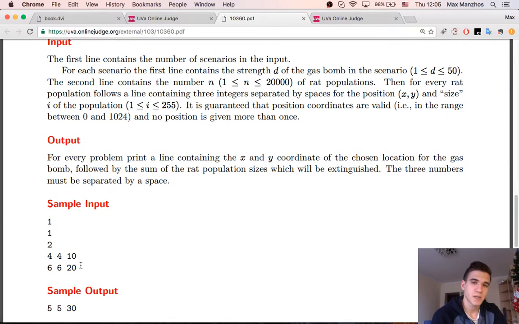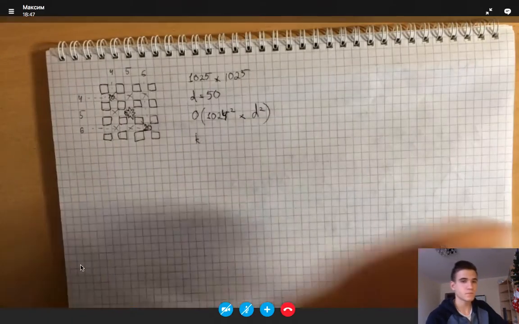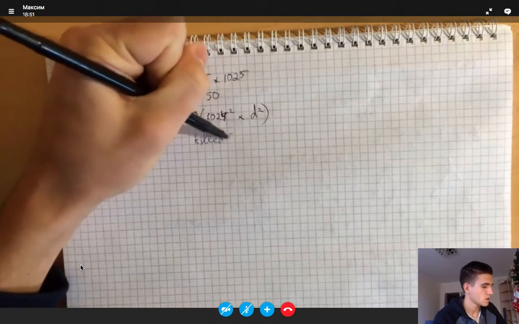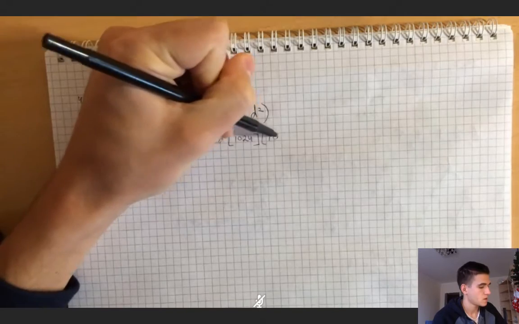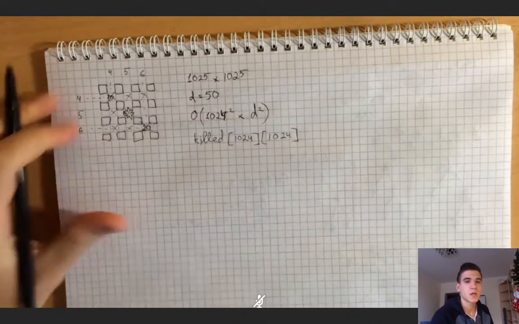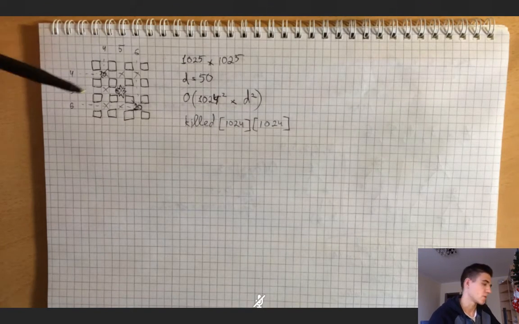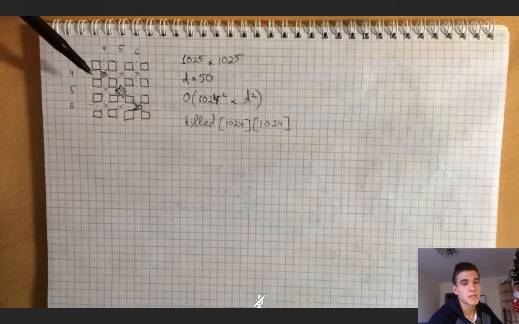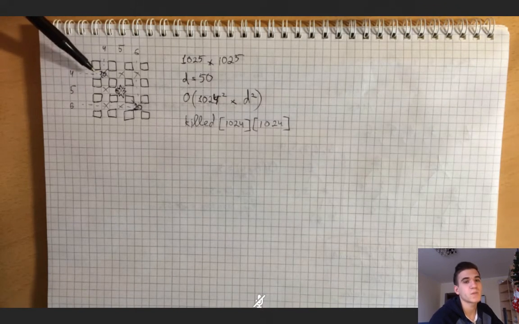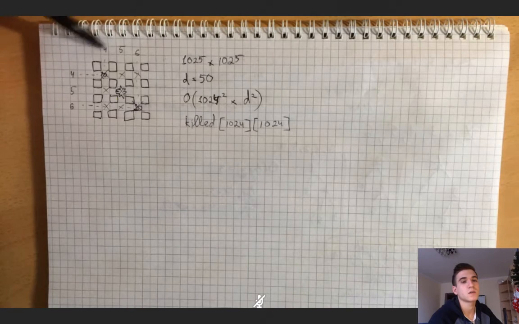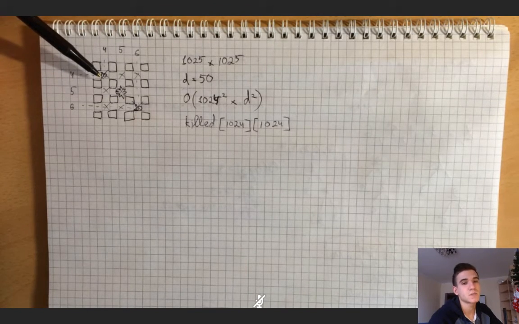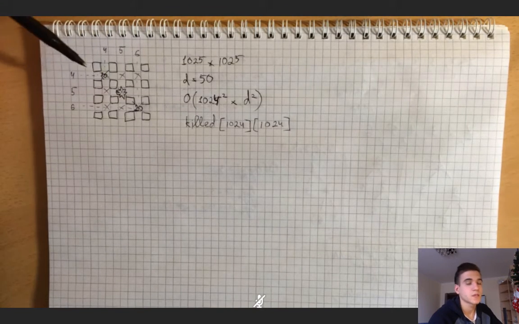So there is no need to process every coordinate, and as suggested in the book, we can create an array, a similar grid of values, killed, where initially we read the input and place all rat populations, and then we go through each rat population and try to calculate how many rats could be killed if we place the bomb in this cell.